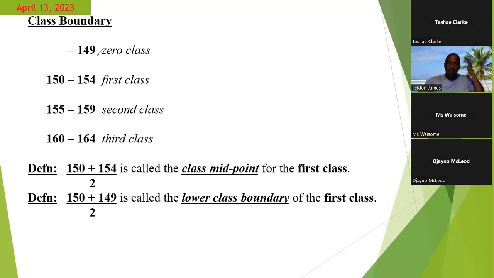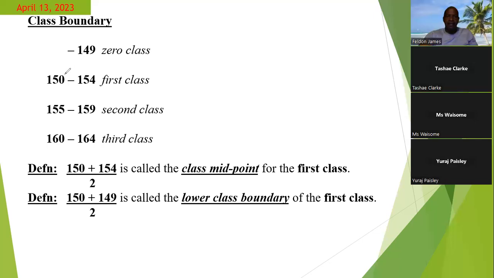All right. So if you're finding the boundary between 149 and 150, the difference between them is 1, right? Yes, sir. And when you divide it by 2, you get 0.5, right? Yes, sir. Which of these values would you add it to?